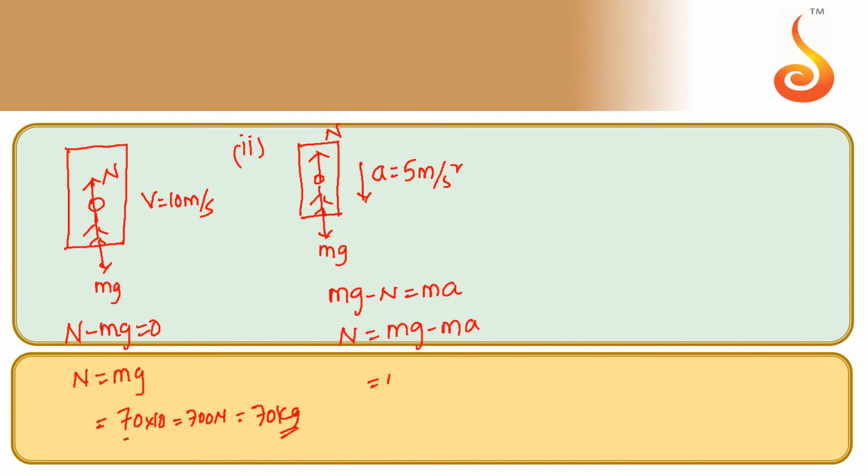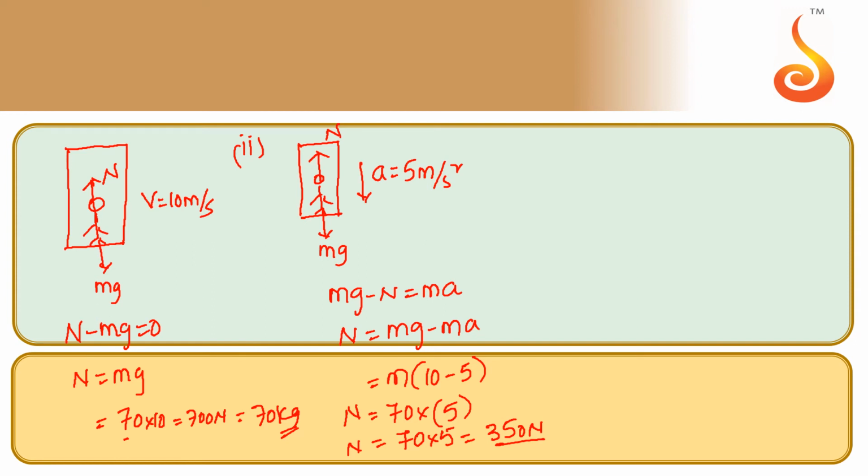Therefore, if we take m common, it is m times g minus a, where g is 10 and a is 5. So m is 70 into 10 minus 5, which is 5. So normal will be equal to 70 into 5, which is 350 newtons.